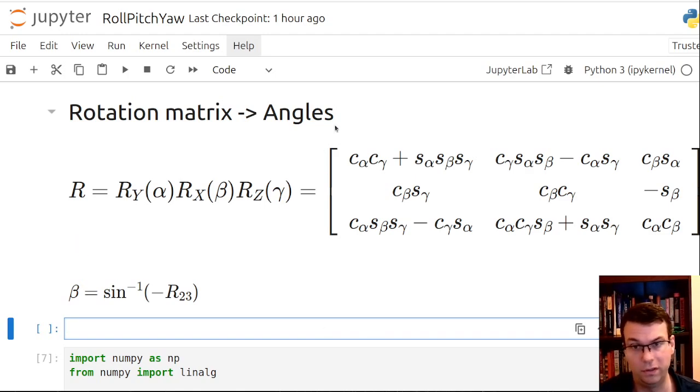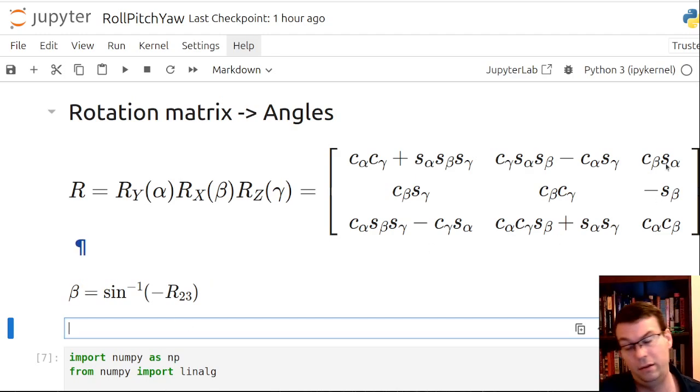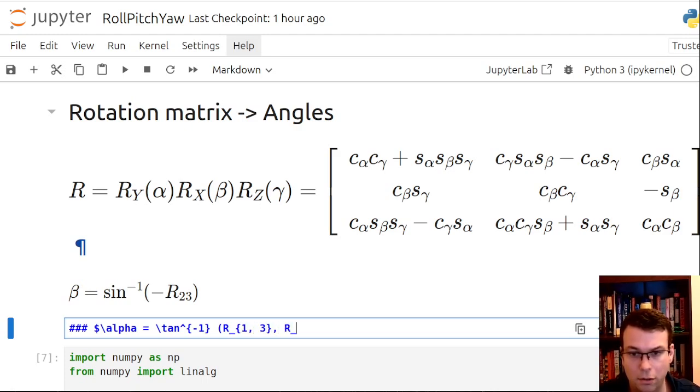So the ratio of the first row, third column to the third row, third column is the tangent of alpha. That means alpha is going to be the inverse tangent of R13 and R33.